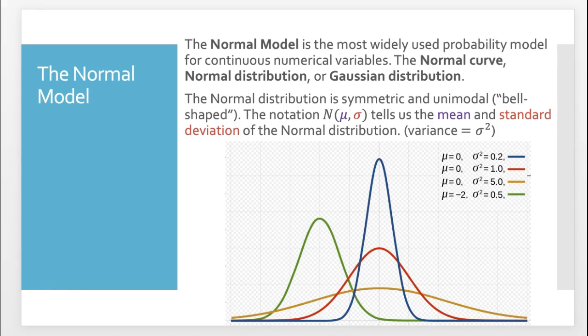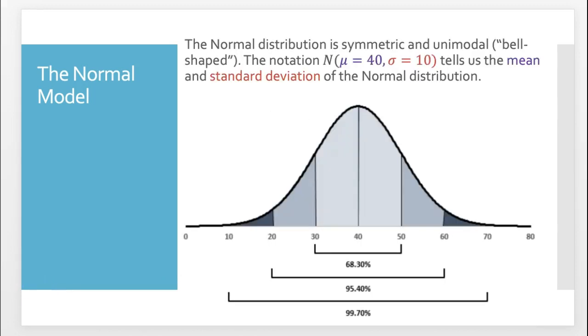Once again, previously when we used the empirical rule, we said the 68, 95, 99% for the empirical rule. And we can only use the empirical rule if the shape of the histogram was unimodal, symmetric, and with no outliers.